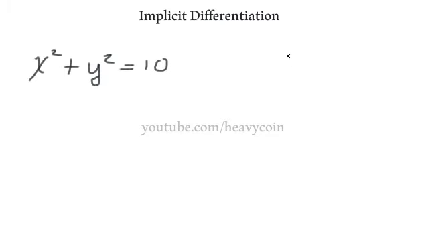And what we want to find is dy over dx. Okay, we're taking the derivative of y with respect to x. So this is how this works. We take the derivative of x squared, and that is 2x, plus, then when we take the derivative of y, we've got to do something special.